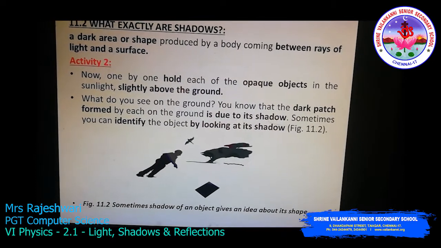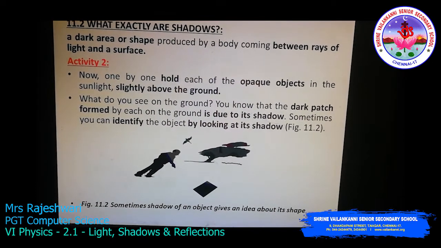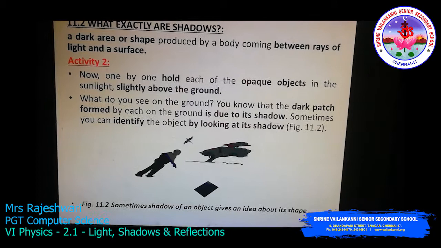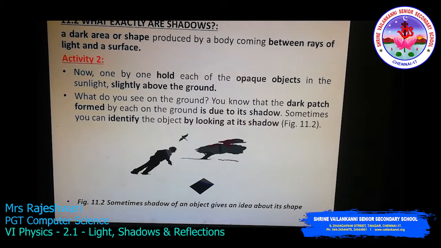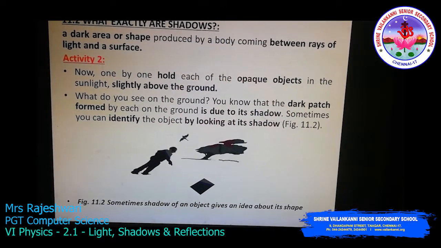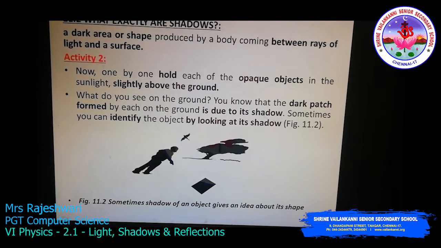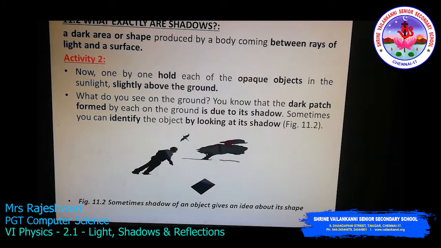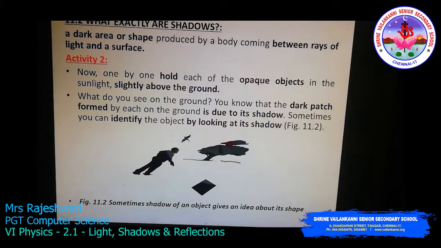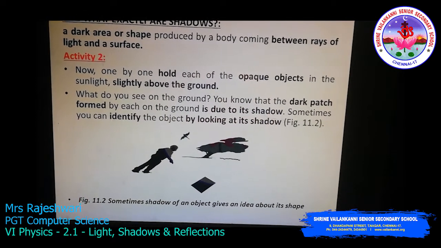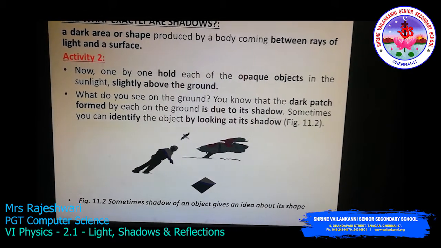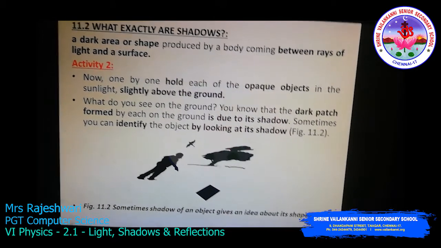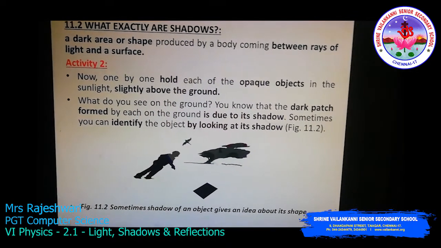Try to identify what you can see on the ground. The dark patch formed on the ground is due to its shadow. Like the tree, if it is on the ground, you can see a dark patch of the tree, which is nothing but the shadow of the tree. So you can easily identify what object it is by looking at its shadow, right?